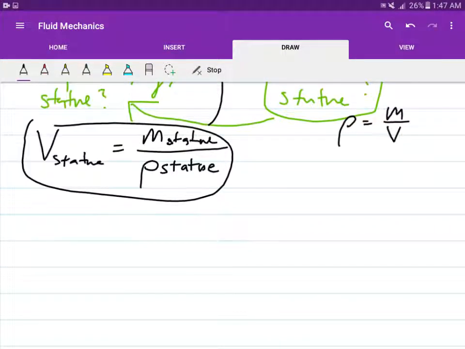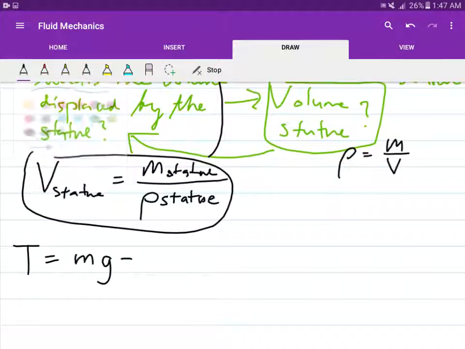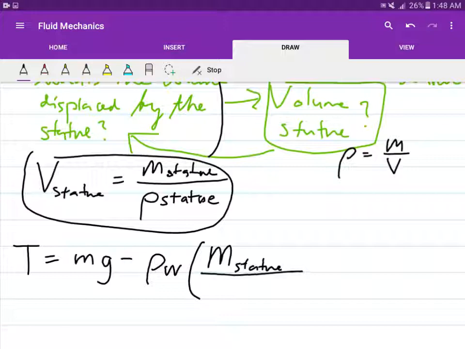So now T will be equal to mg minus rho of water times mass of statue over density of statue times g. So this is V, this is volume displaced.